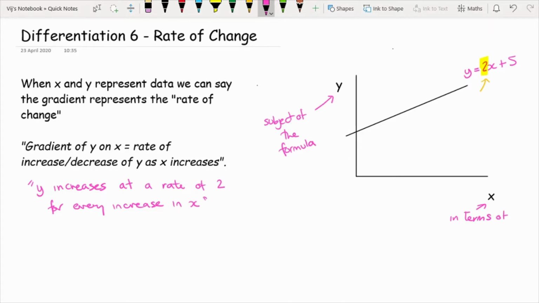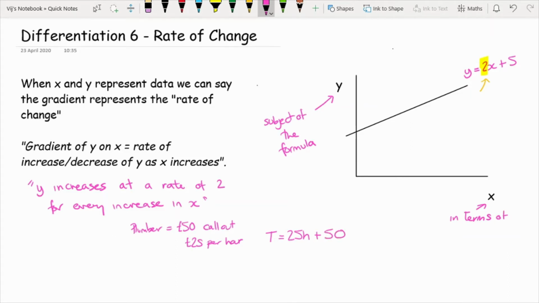So for example, if I hired a plumber, and the plumber charges a standard rate of £50 call out, and also charges £25 per hour, which I think is not too bad. The formula for this would be that the total cost is 25h plus 50.